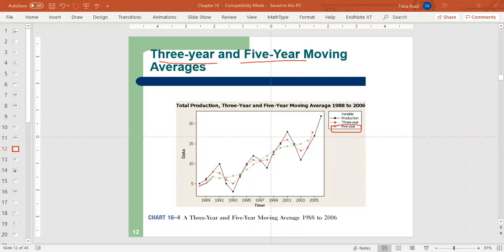It smooths out that fluctuation and turns it into a secular trend, an almost straight line, or it shows small fluctuations in the data after using the moving average method. So basically this slide is describing the usefulness of the moving average method.